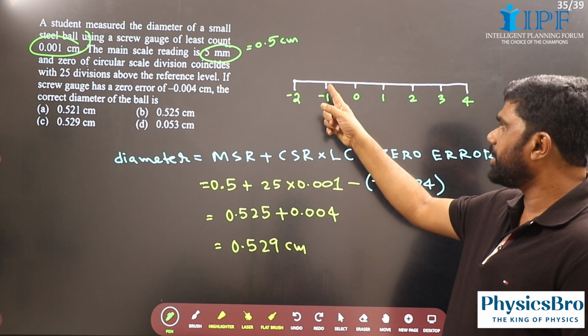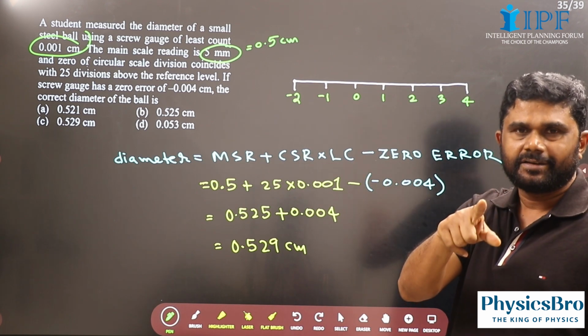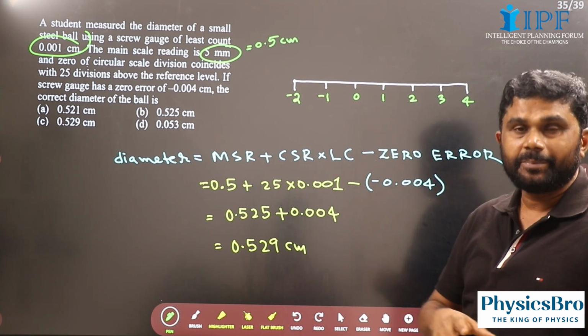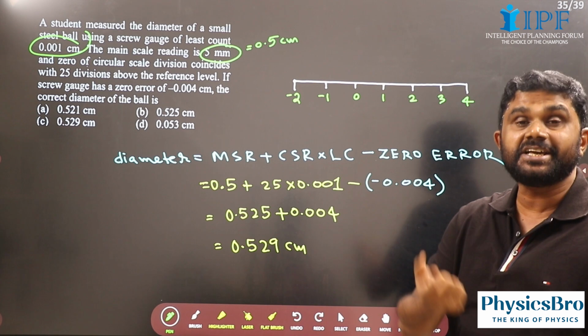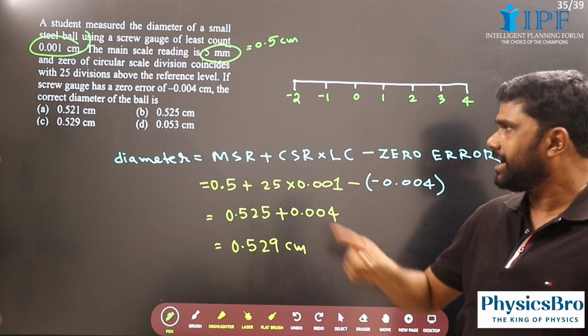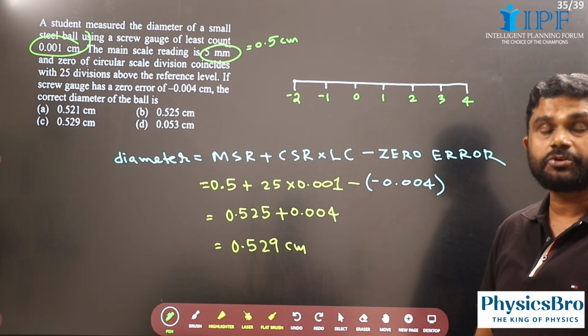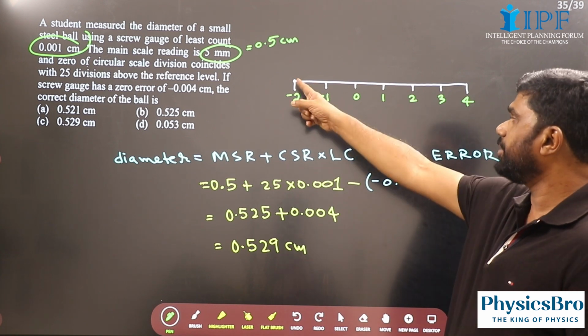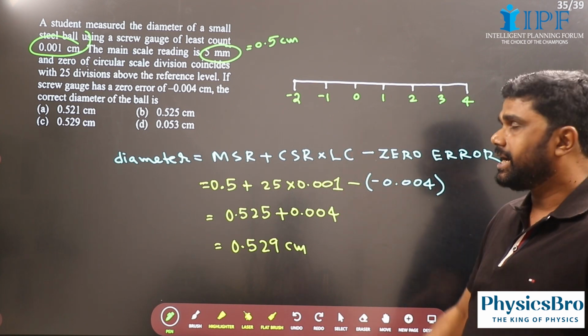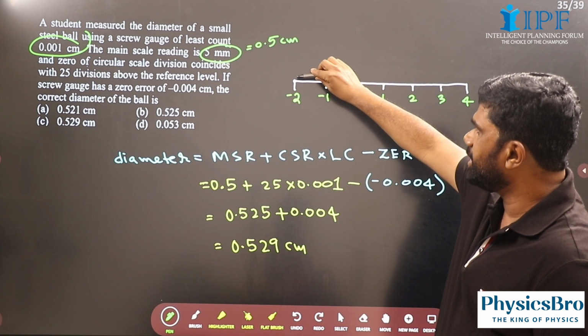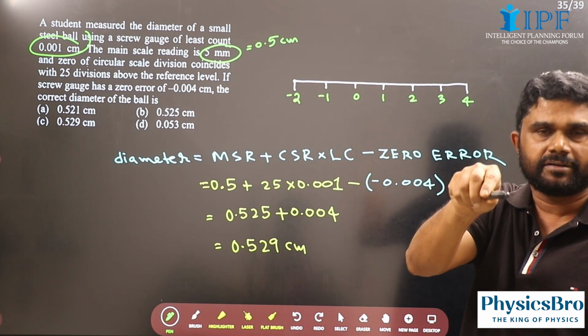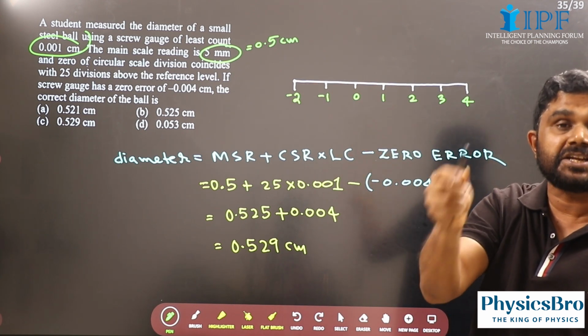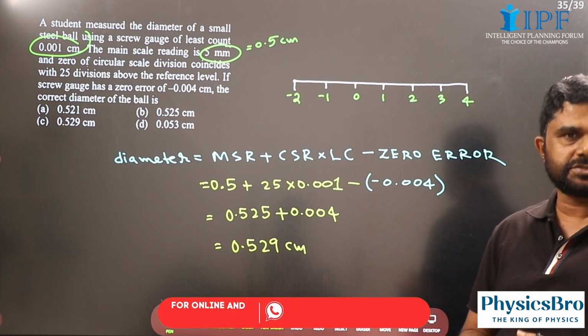If I start from minus 1, the other end will be at 2, so the reading is 2. Zero error is minus 1, meaning I have started from minus 1, so the length will be 2 minus minus 1. If I keep this end at minus 2, the other end will be at 1, so the reading will be 1 minus minus 2, which is 3 units.